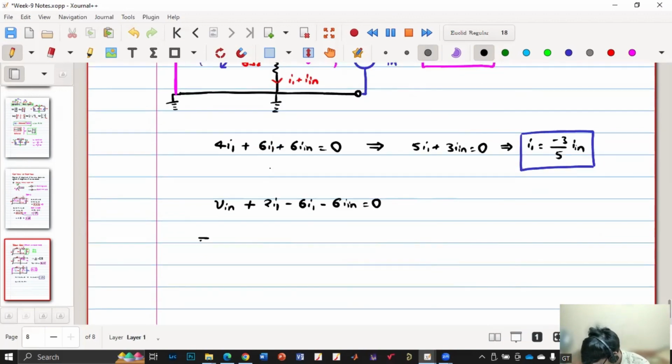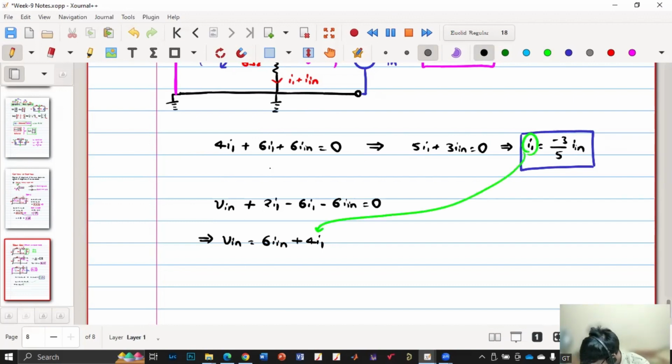Yes, sir. Now we will get Vin is equals to 6Iin plus 4I1, right? Now I'll substitute this I1 here.